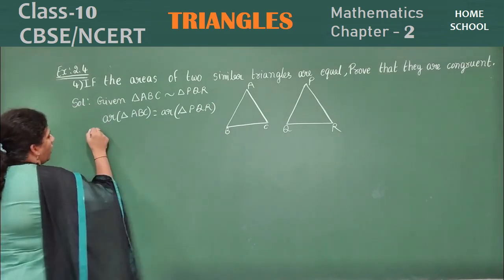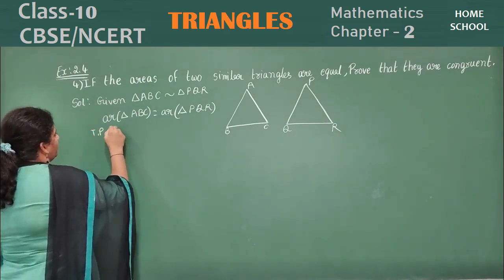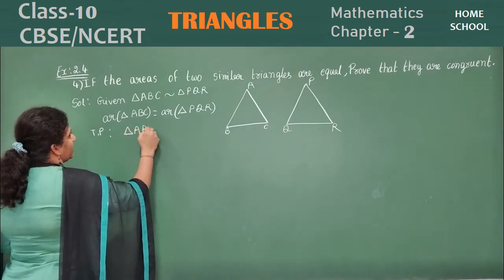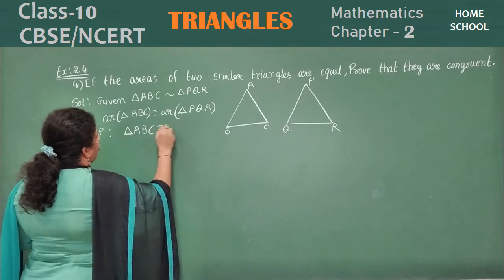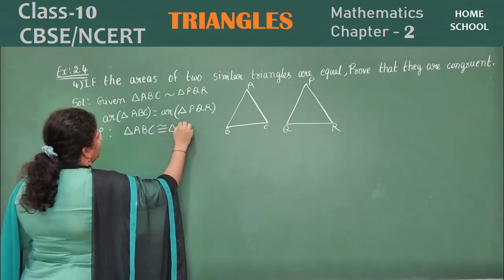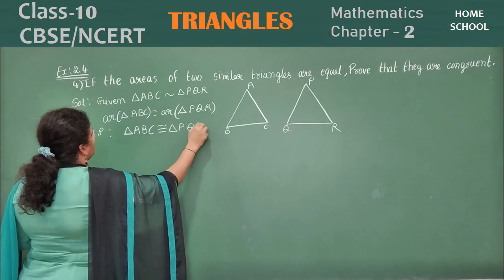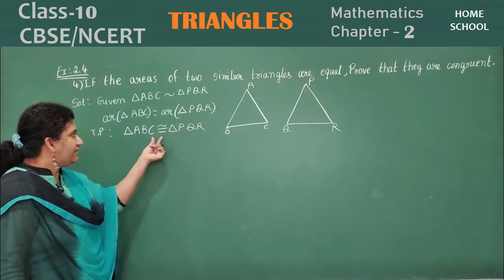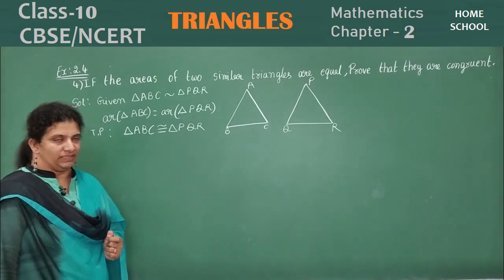Okay, what do we need to prove here? We need to prove that triangle ABC is congruent to triangle PQR. We need to prove that these two triangles are congruent, and this is your congruency.